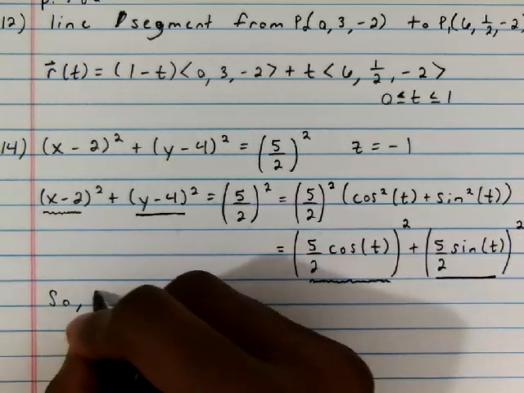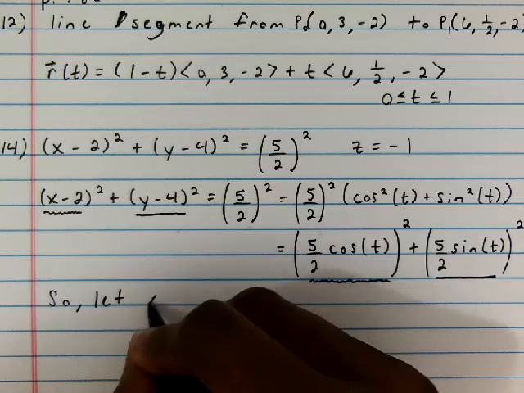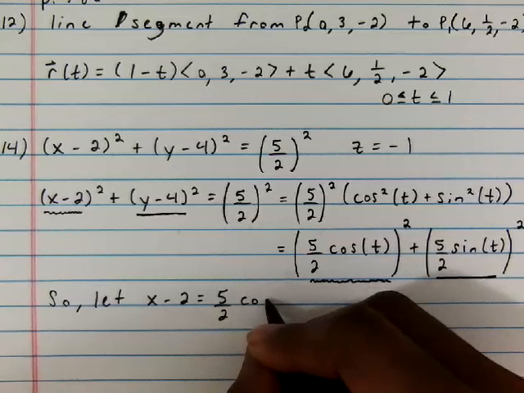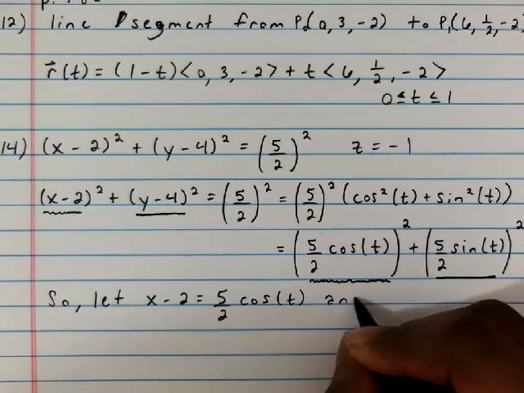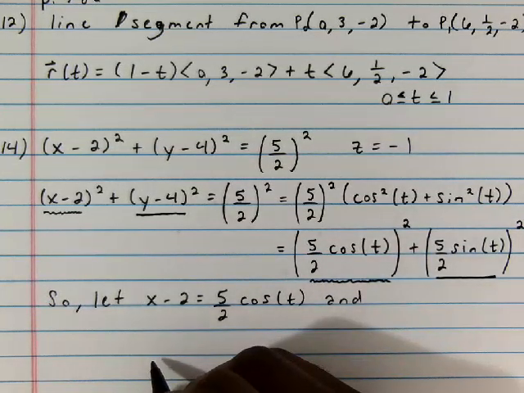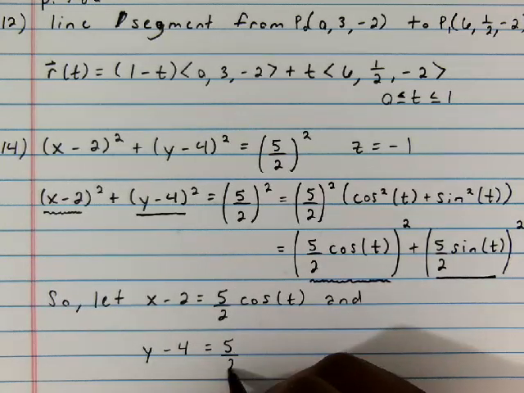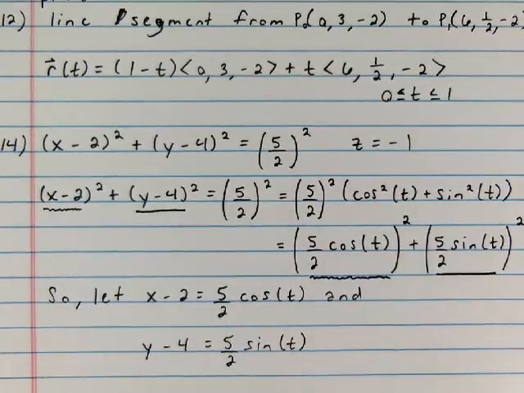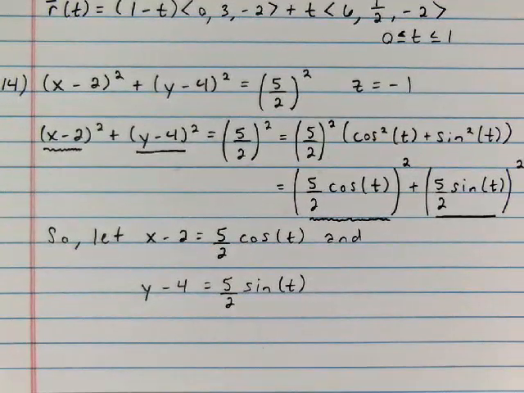So let x minus 2 be equal to 5 over 2 cosine of t, and y minus 4 be equal to 5 over 2 sine of t. And we already have what z is. z is -1. So now we just want x, y, and z, so we have our parameterization.